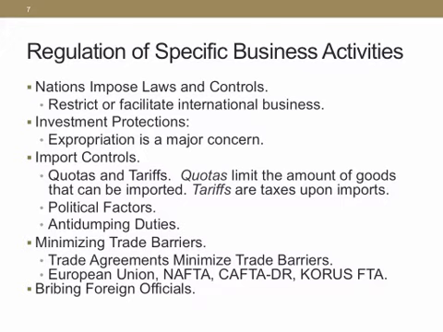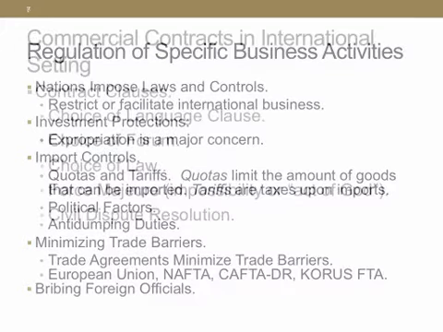There are efforts in a lot of different areas to minimize trade barriers, and one issue that comes up is bribing foreign officials, which has been kind of an unspoken way of doing business, but lately it's caused global corporations to have issues, both ethical and legal.